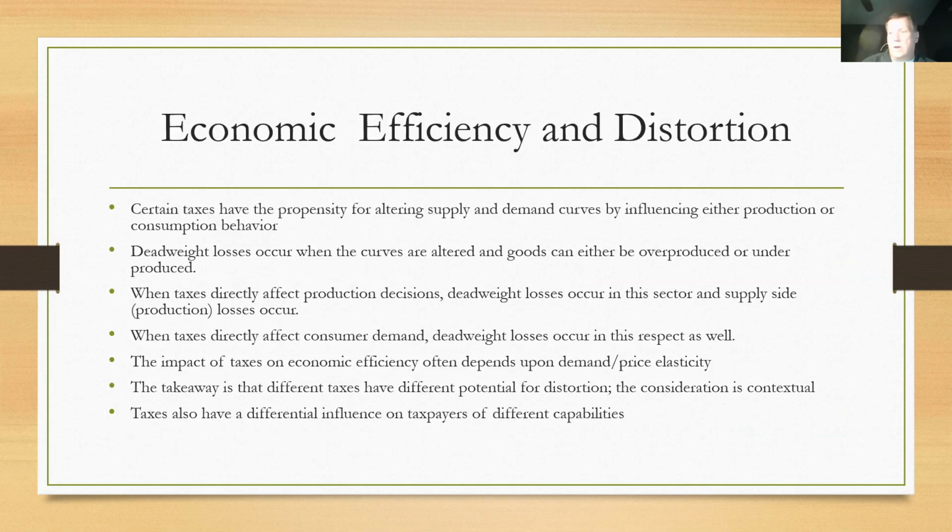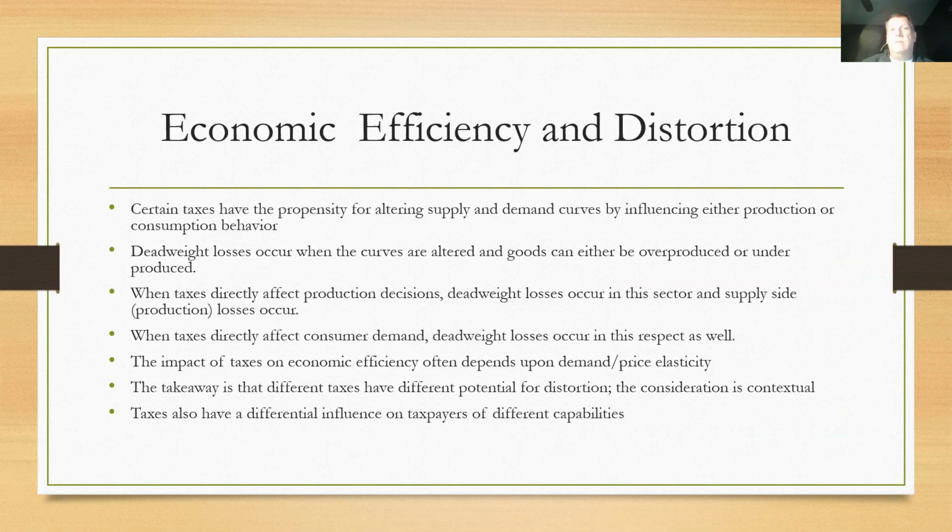It depends upon the characteristics of your taxpayers, because there are certainly some taxes that will have more of an impact upon lower income individuals as compared to upper income individuals. So we know that taxes do have differential influences upon taxpayers of differing types of capabilities. So it really becomes very contextual.